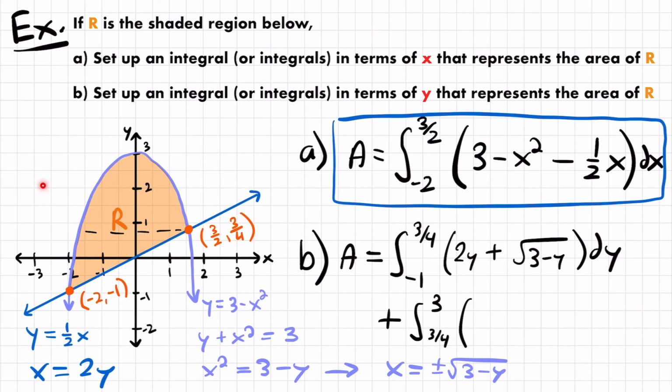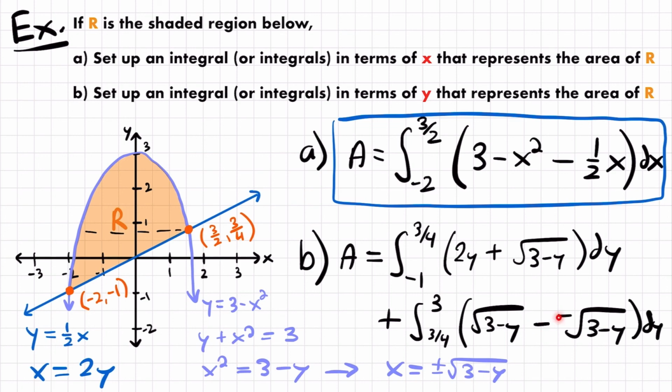When we move from right to left, we hit that function first. And so we will have the square root of 3 minus y minus the bottom function, or the leftmost function, which when we move from right to left is the negative side of the parabola, or the negative side of the square root function. And so we will subtract negative square root of 3 minus y times dy.